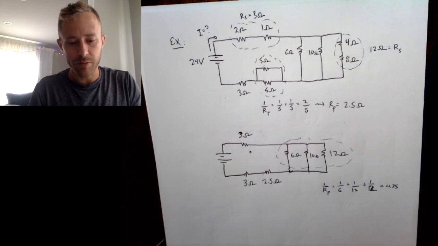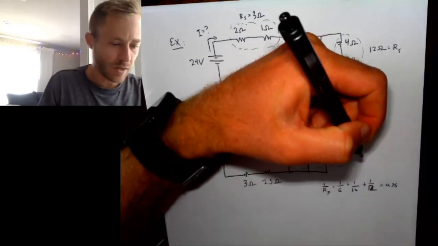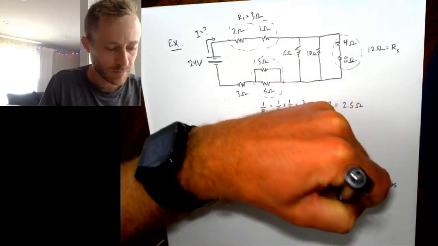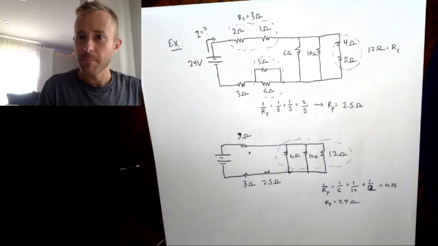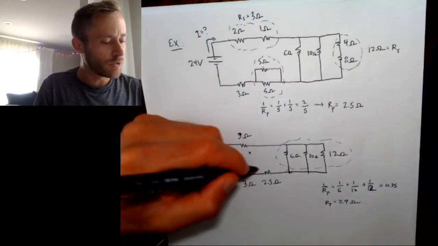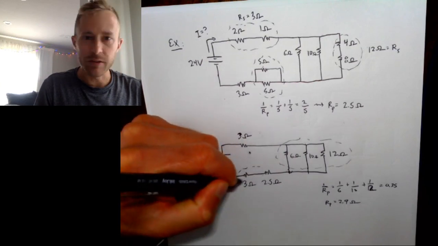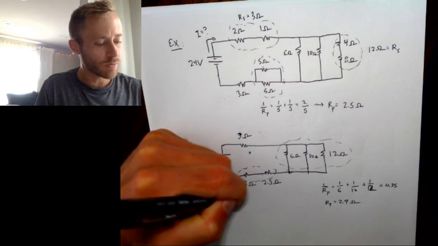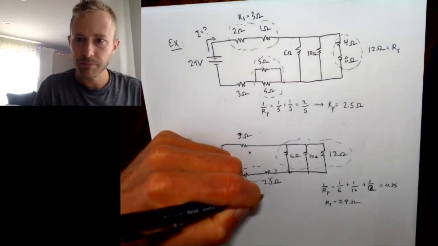So I raise it to the -1 power, and so I get 2.9 ohms. Okay. Then you'll notice that these two are in series. So that says R sub S equals 5.5 ohms.